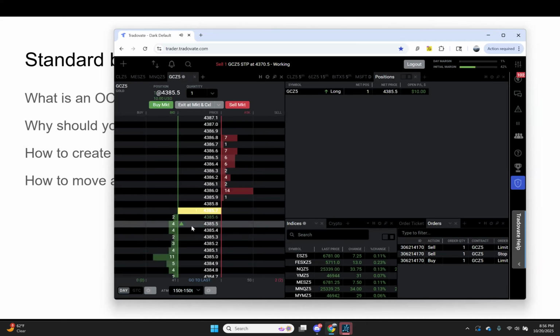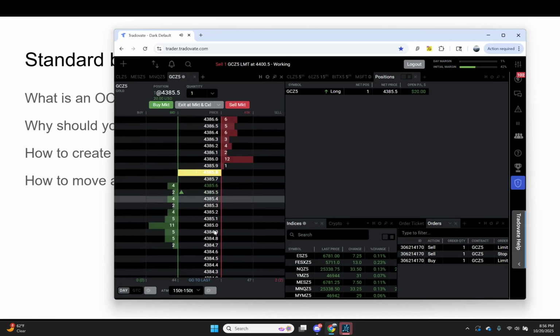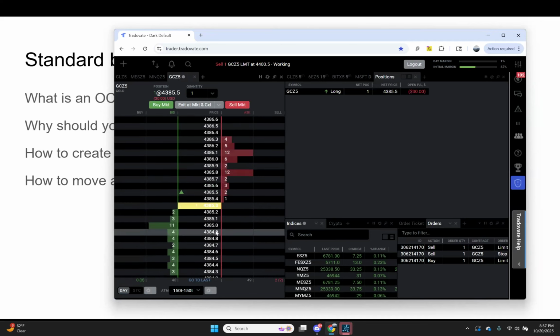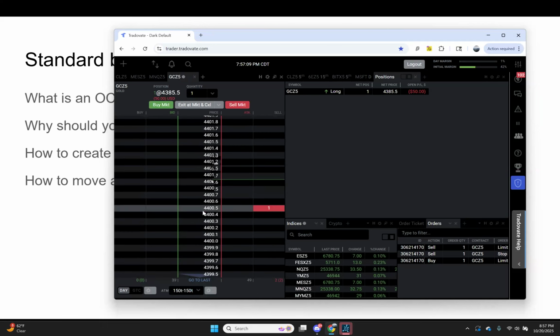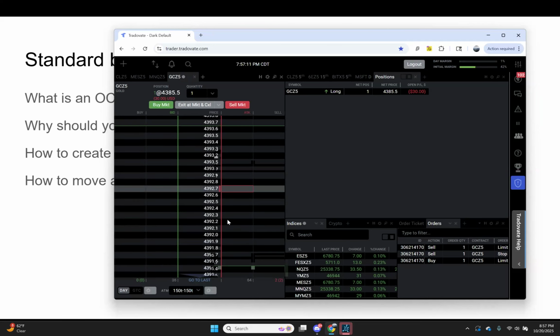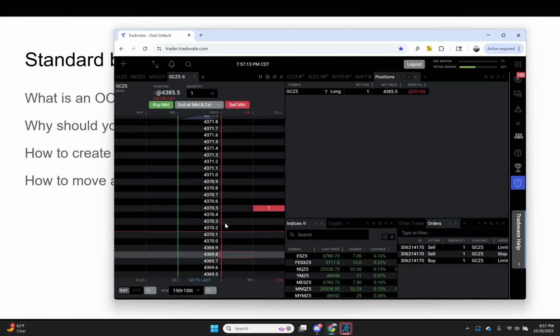There we go. My order is filled, and my risk is automatically set. So 15 points above, I'm long 4385.5. That means my target's 15 points higher at 4400.5, and my stop is 15 points lower at 4370.5.